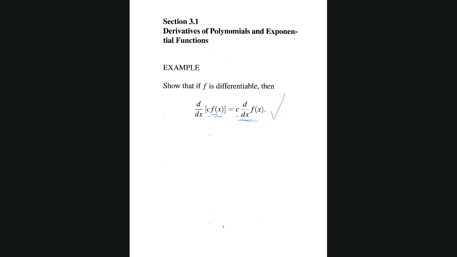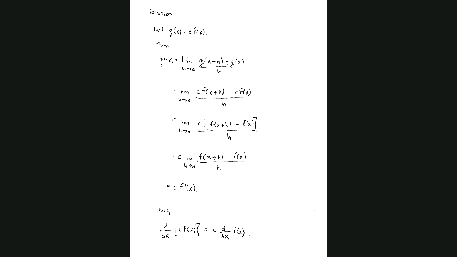So, okay. What I'm going to do is define this constant times my function of x as a function g of x. I mean, a constant times a function of x is a function of x, so I'll just call it g of x.